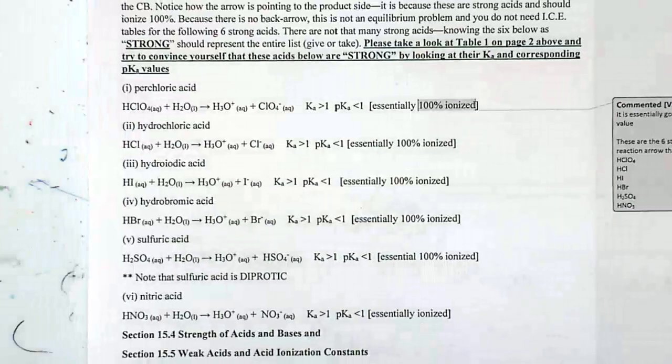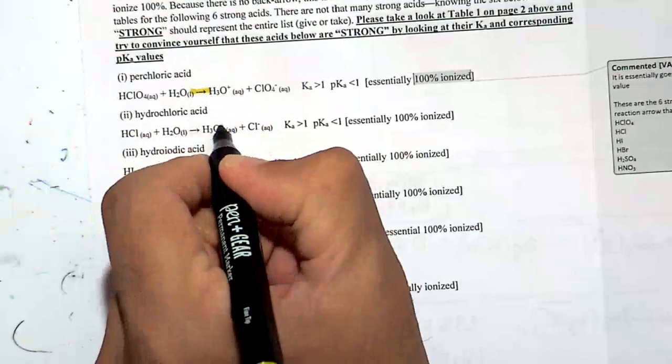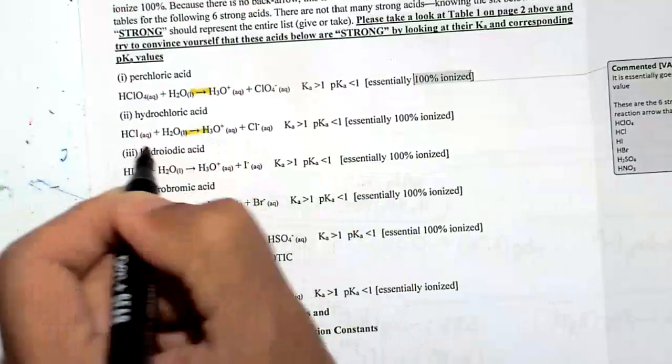Let's move on here. Just in case you forgot, I'd like for you to know these. These are the 6 strong acids, and what I want you to know is that they're strong. Look at the arrows here. What do you see about the arrows?